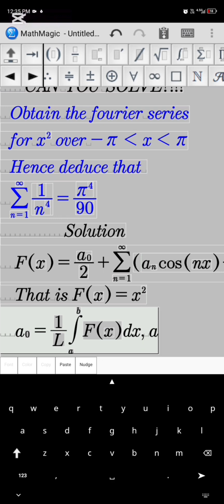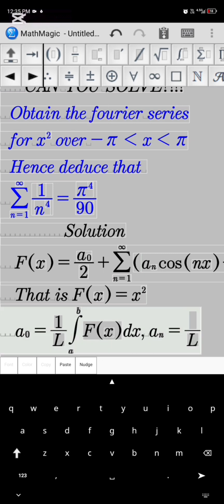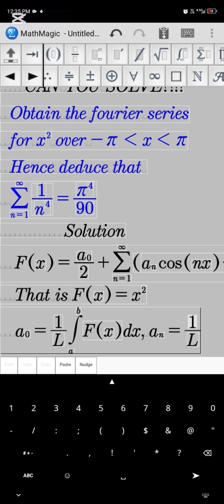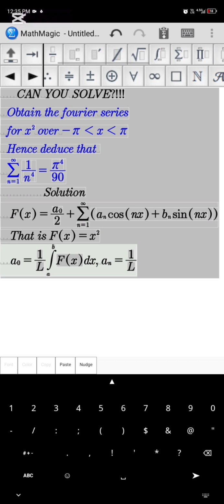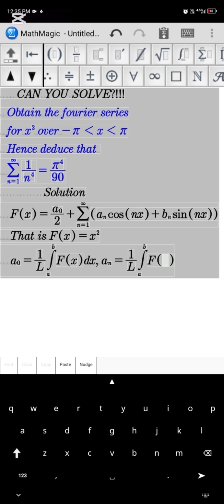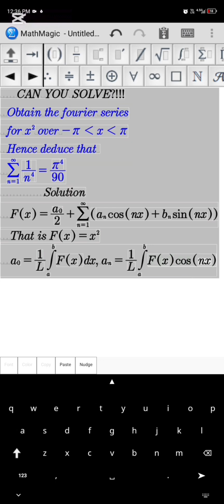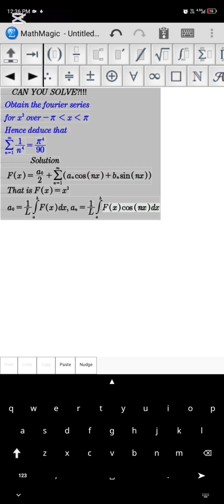Then the formula for calculating a n is 1 over L, integral also from a to b, of f of x cos nx dx. So that's the formula for calculating a n.